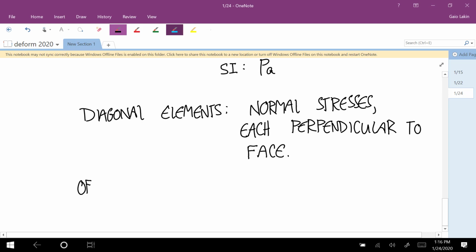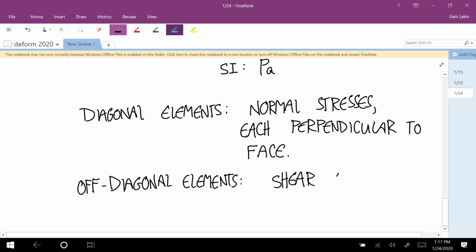The off-diagonal elements are called the shear stresses, and they act in the plane of the face.